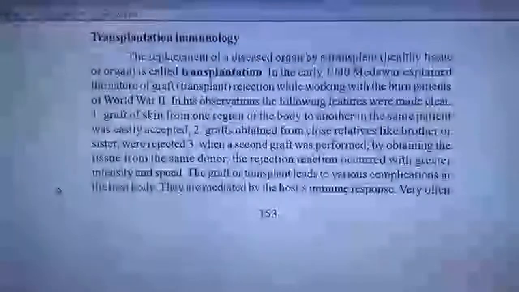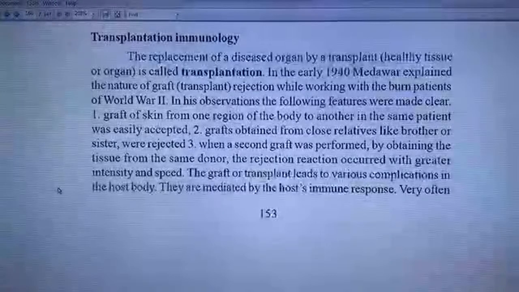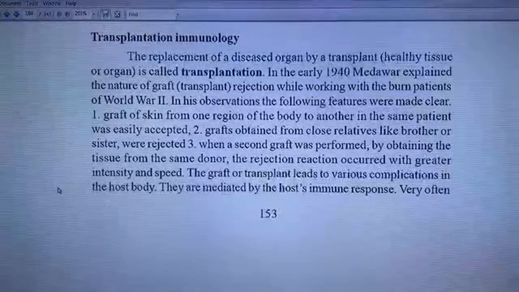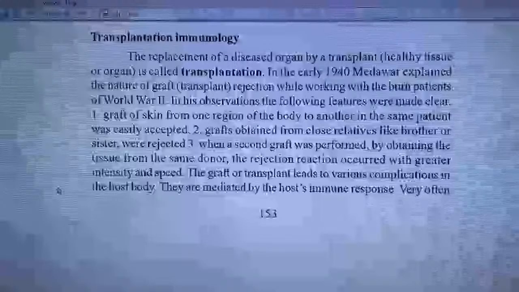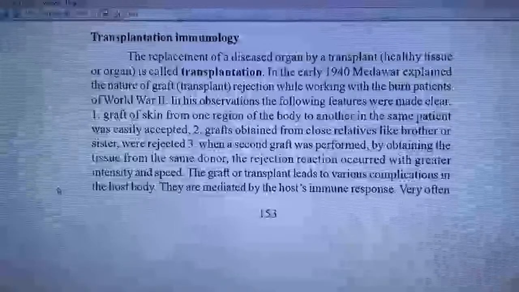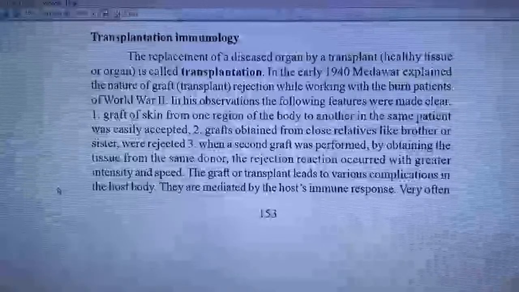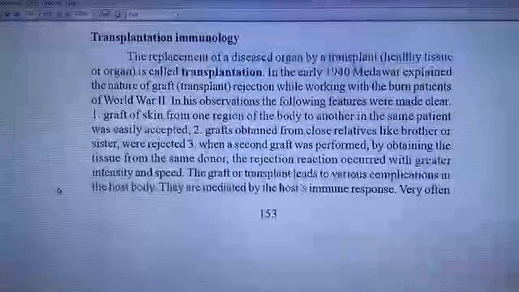A graft of skin from one region of the body to another in the same patient was easily accepted. Grafts obtained from close relatives like a brother or sister were rejected. When a second graft was performed by obtaining the tissue from the same donor, the rejection reaction occurred with greater intensity and speed.